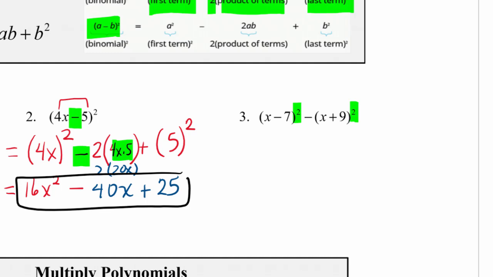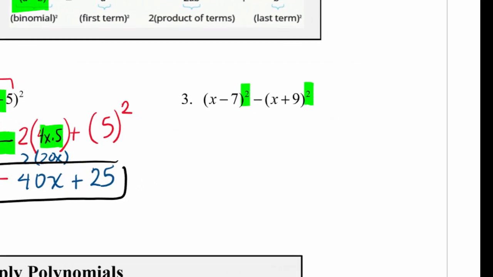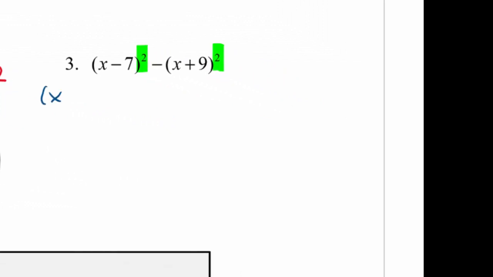Now, let's do one at a time. As a matter of fact, let's split this up. We're going to first square the x minus 7, and then we're going to square the x plus 9, and then we will subtract. Okay, just to keep everything clear. Again, we're going to take our first term, which is x, and it gets squared. So that's x squared.